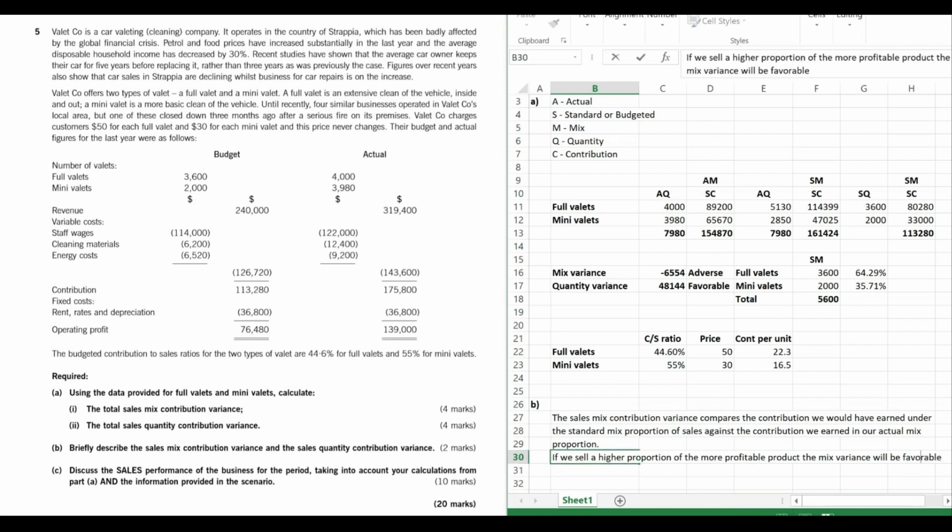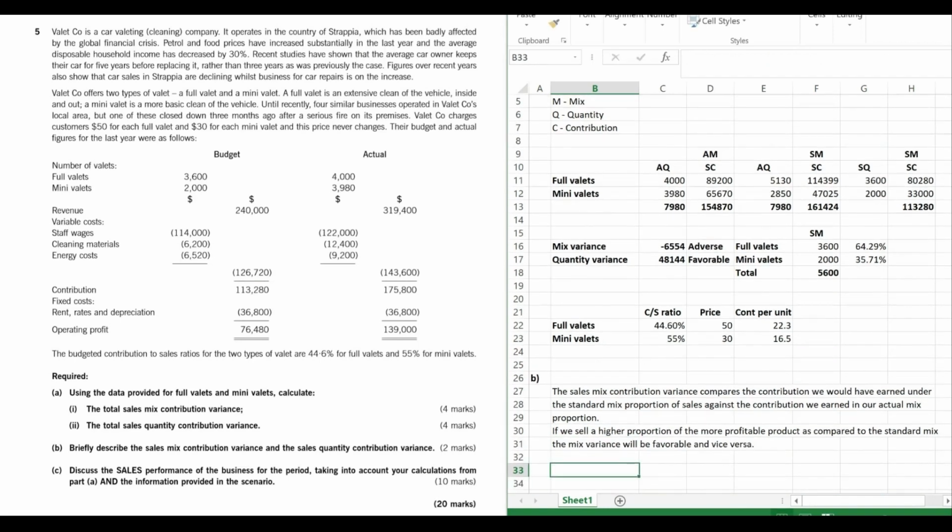So if we have a higher proportion giving more profit as compared to the standard mix, the mix variance would be favorable and vice versa. Okay, so we've clarified that as well.